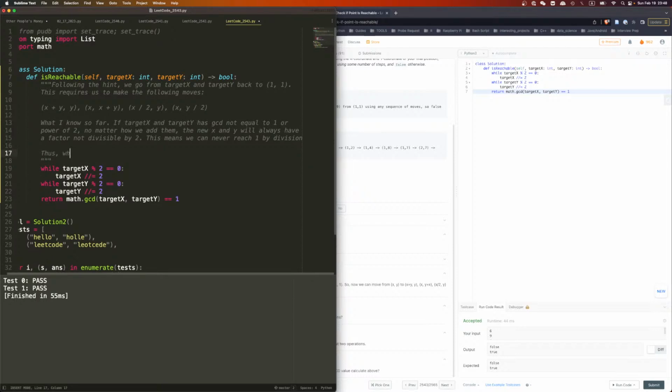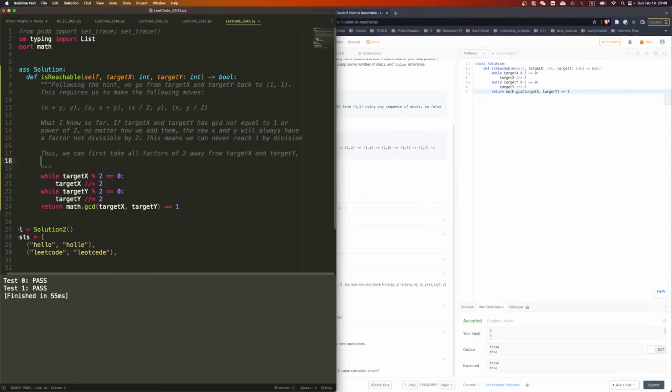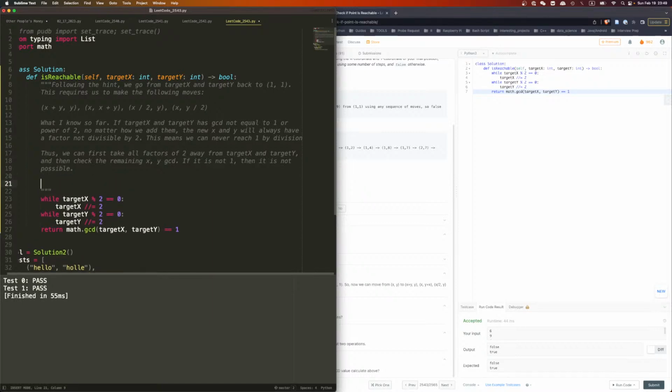Thus, we can first take all factors of 2 away from target x and target y, and then check the remaining x, y GCD. If it is not 1, then it is not possible.